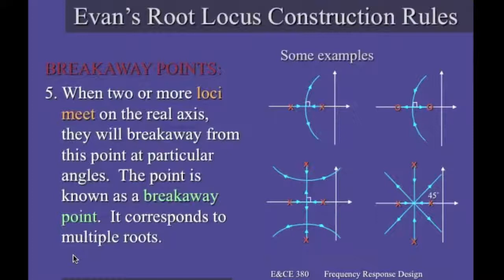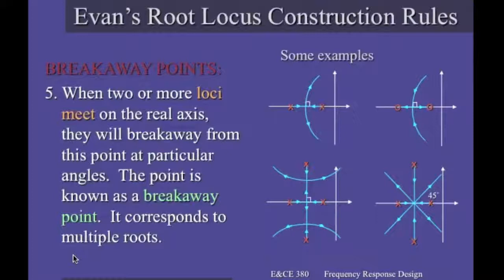So the angle that each trajectory is forming with respect to the positive direction of the real axis when leaving or when entering the breakaway point is pi divided by 2, which becomes 90 degrees. And this appears reported in these example graphs as a small square. The small square indicates that we have a right angle at the breakaway point.